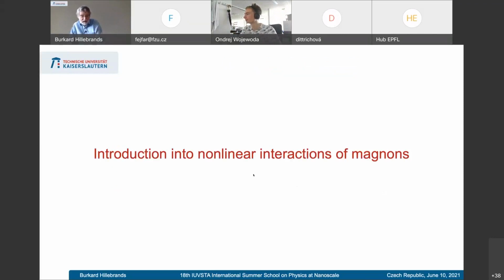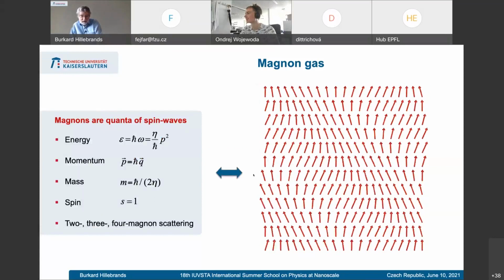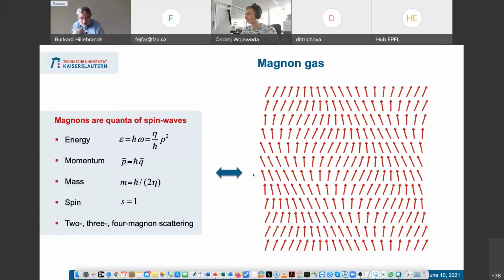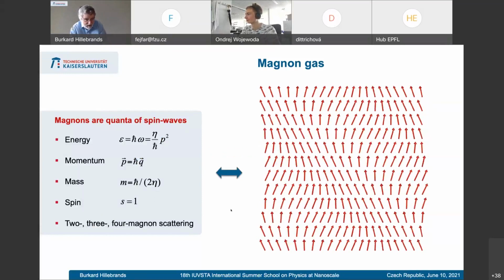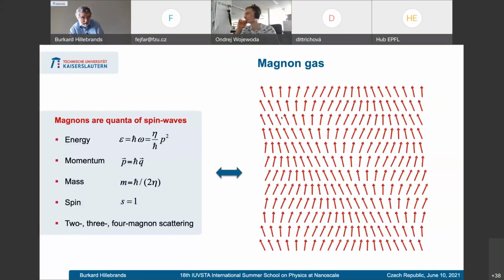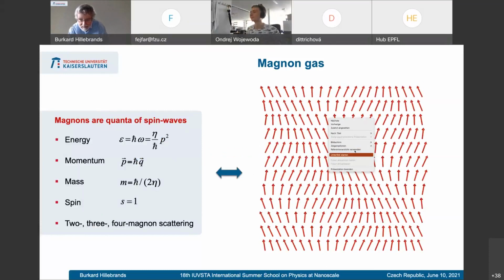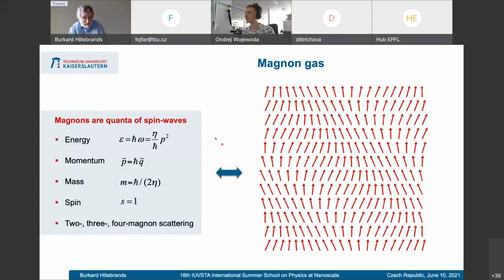So, introduction into nonlinear interactions of magnons. This picture to the right, you have seen now. But what you now might simply do is think about it in terms of magnonics. And magnonics simply means that we have quanta of magnons. They have energy. We have quanta of energy.